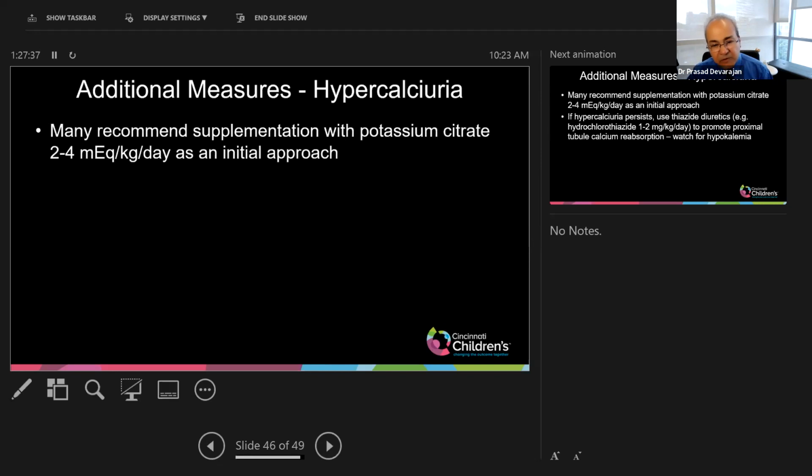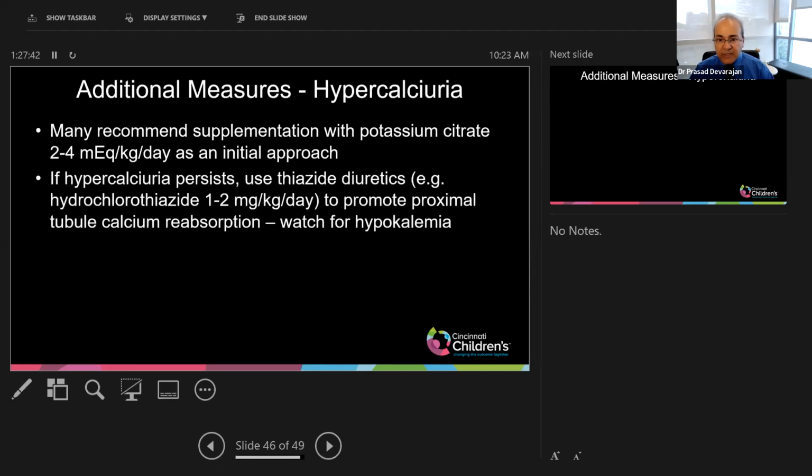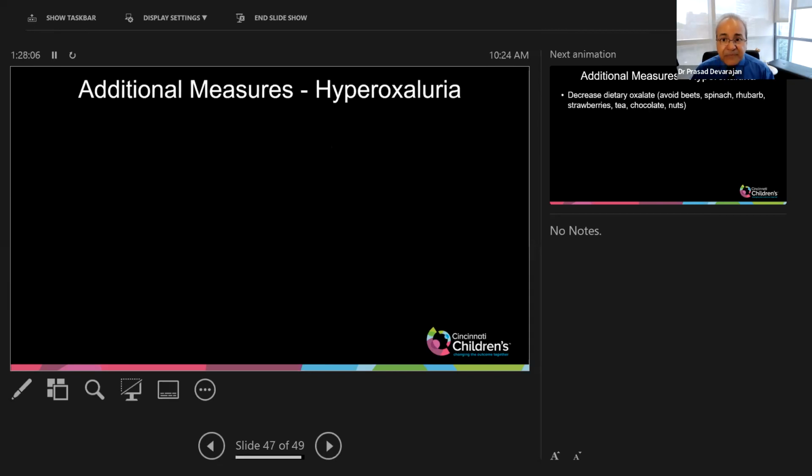But if the hypercalciuria persists, we use thiazide diuretics, and not loop diuretics, but thiazide diuretics. And that's chlorothiazide or hydrochlorothiazide, whichever one is available. And of course, the way that works is it creates a local sense of dehydration, and that promotes proximal tubular reabsorption of calcium and decreases hypercalciuria. But we all know that the side effect is hypokalemia.